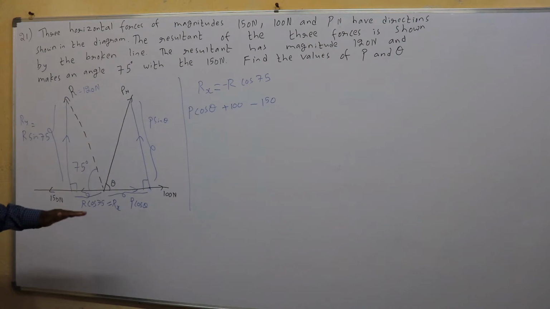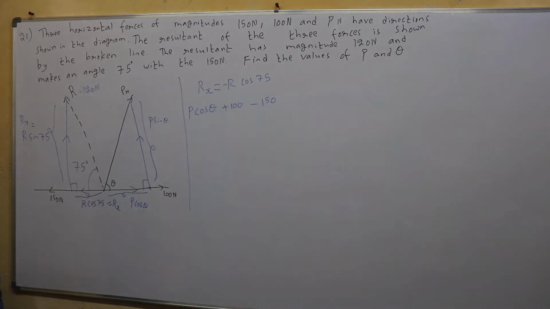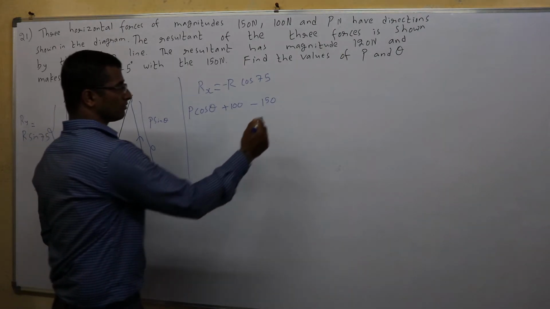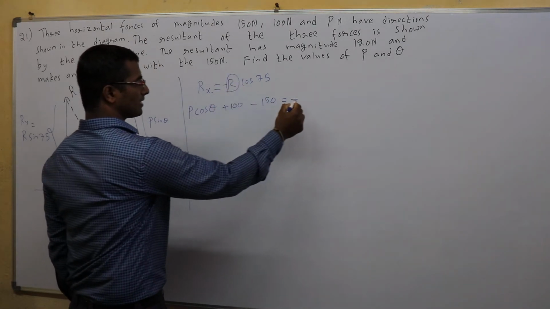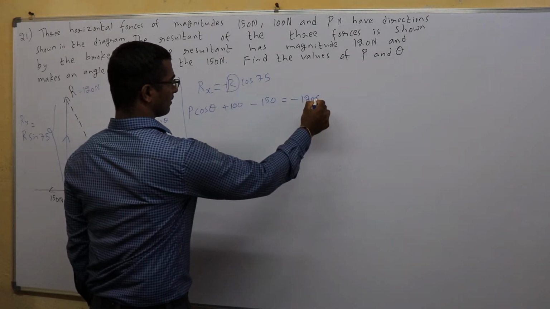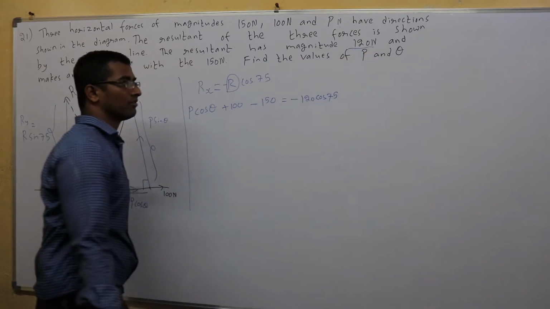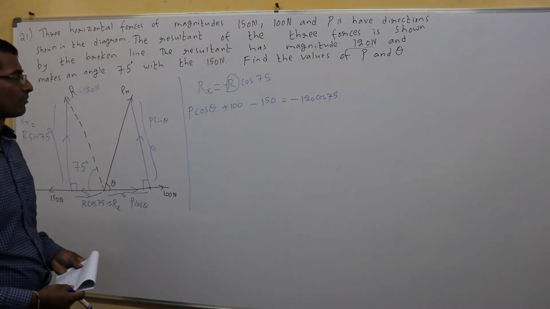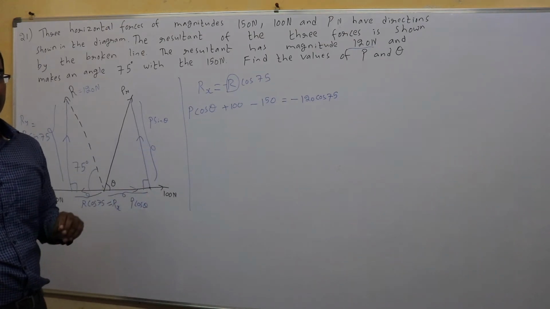Did we complete resolving on the x-axis? These two are acting positive, this is acting negative. Clear? Equal to minus R. This R is given to us to be 120. It's already given, 120. From this, make P cos theta the subject.